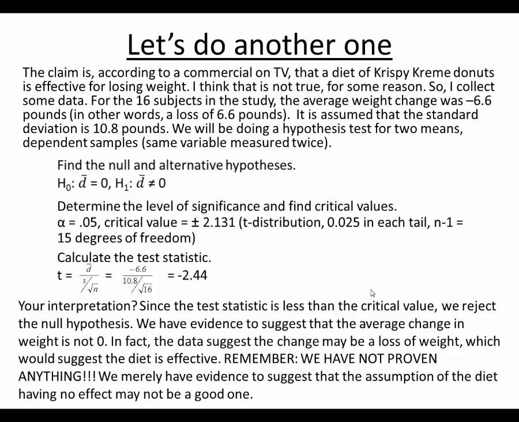Certainly, you might want to try to replicate this with a different, larger group of subjects and see what happens. See if your results are replicated. But in this case, it seems as if the diet works.